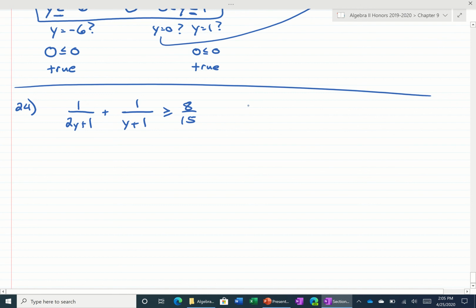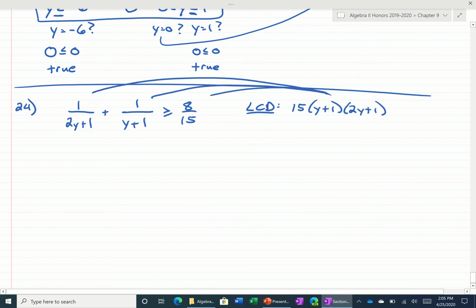Okay, so our LCD would be 15 times y plus 1 times 2y plus 1. I'm going to multiply that out. Let's see what we get.